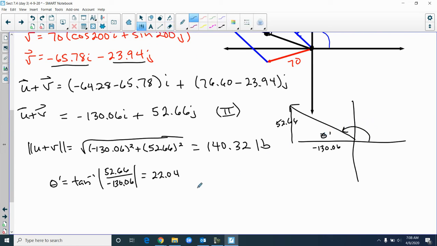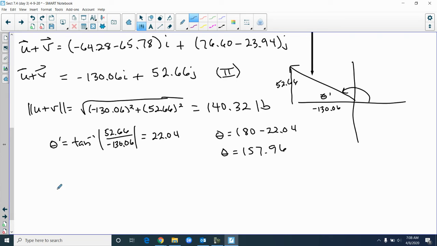But the angle itself, since it's in quadrant 2, the actual direction will be 180 minus 22.04, which is 157.96. The resultant force and direction: the force is 140.32 pounds, and the direction is 157.96 degrees.